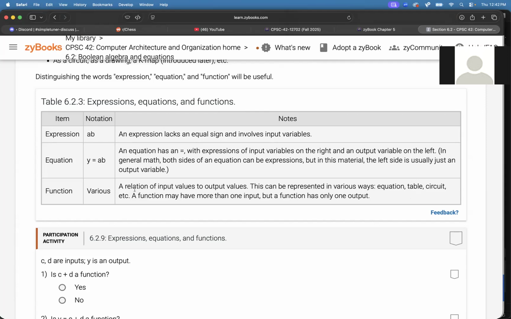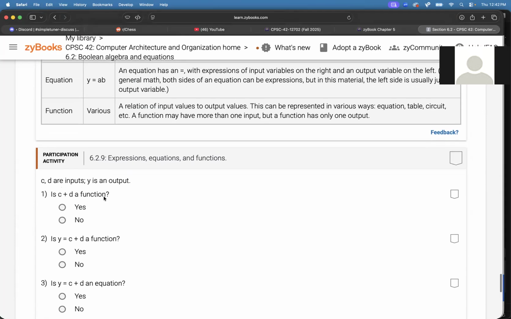If you write the table or the circuit, that could also represent the function. So, technically an equation is just an equation, but an equation like this, where you have variable equals, that's a function, but it's only one of the ways to write a function. So they're saying functions could also be various things, including an equation.